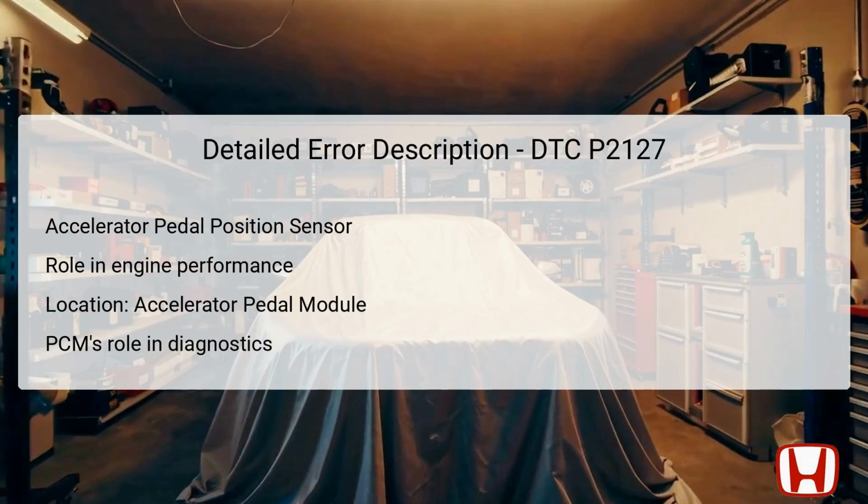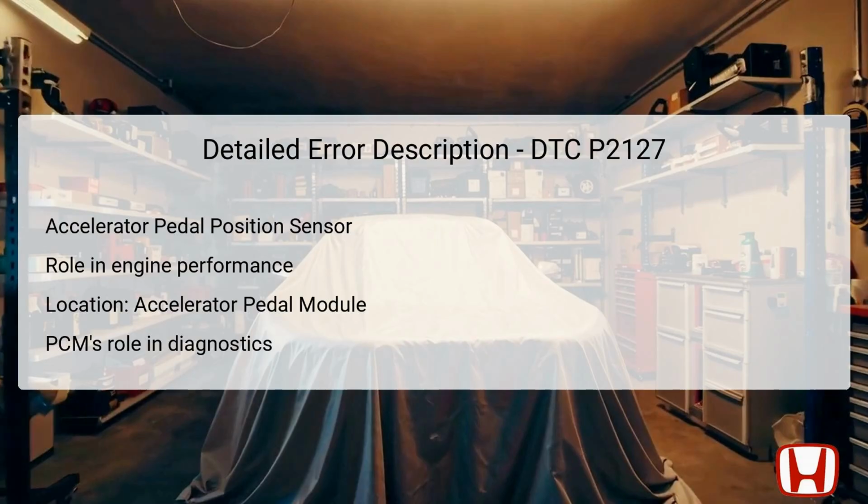The primary component involved in DTC P2127 is the Accelerator Pedal Position (APP) sensor, which is integrated into the accelerator pedal module. Its role is crucial as it measures the position of the accelerator pedal, translating mechanical movement into electrical signals that the Powertrain Control Module, PCM, uses to adjust engine power output.